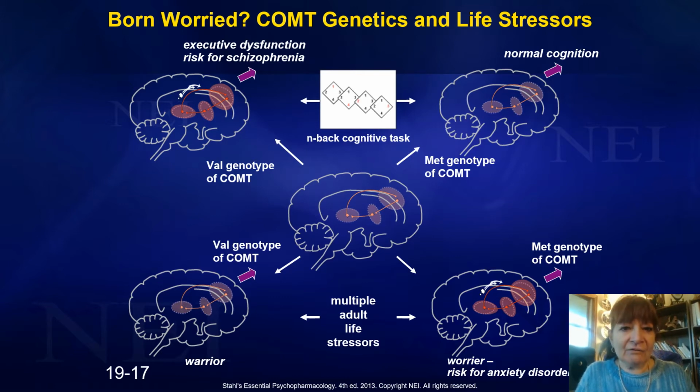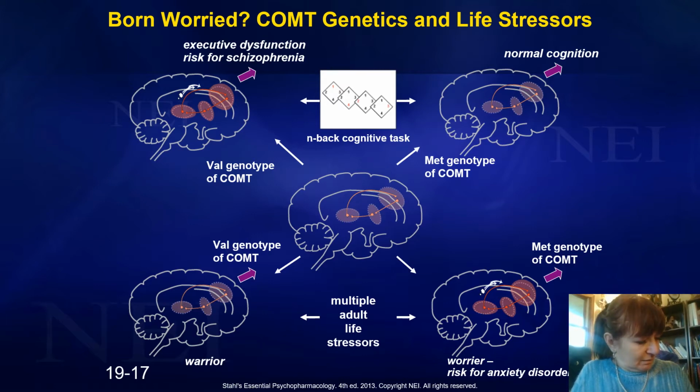Then we have the VAL genotype. The VAL genotype has a higher level of COMT activation, and so because there is a higher level of COMT, it's breaking down a lot more dopamine.